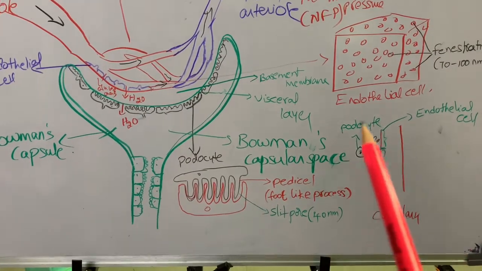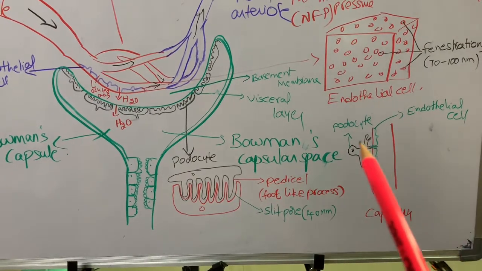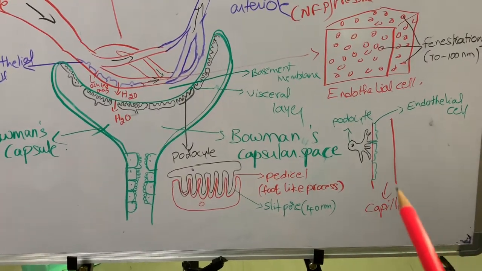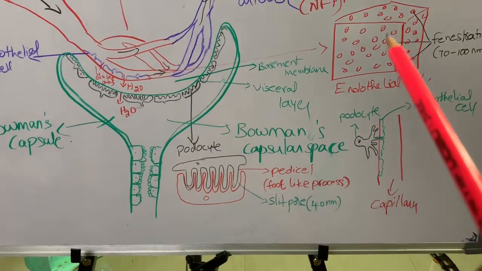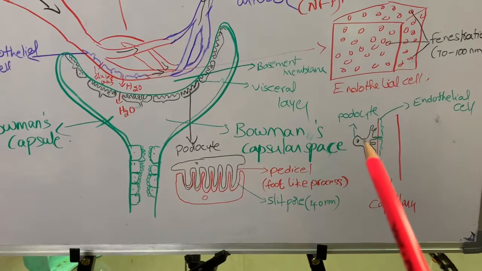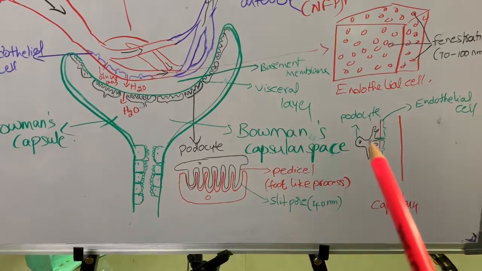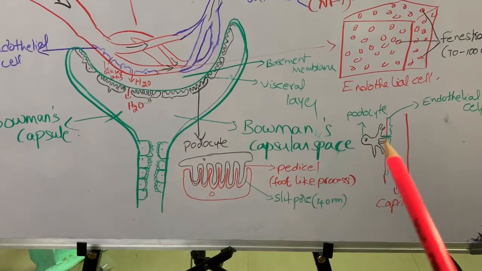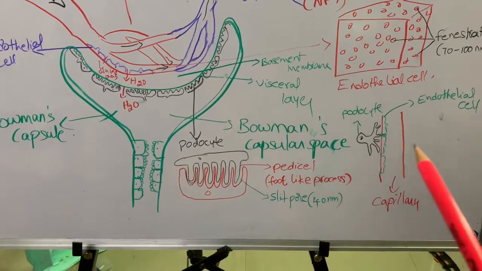This is the arrangement of podocytes and the endothelial cells of a glomerular capillary. This is the glomerular capillary and these are the endothelial cells which contain numerous fenestrations. Each capillary is surrounded by podocytes. Each podocyte contains numerous foot-like processes, so they have numerous branches and surround the glomerular capillary.